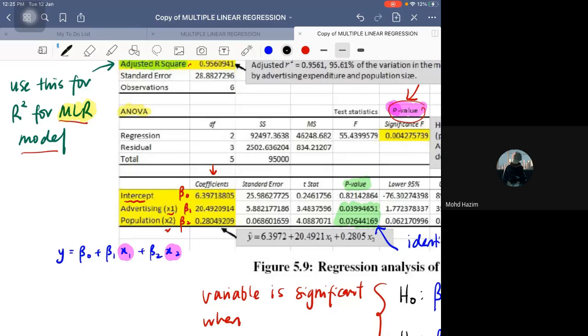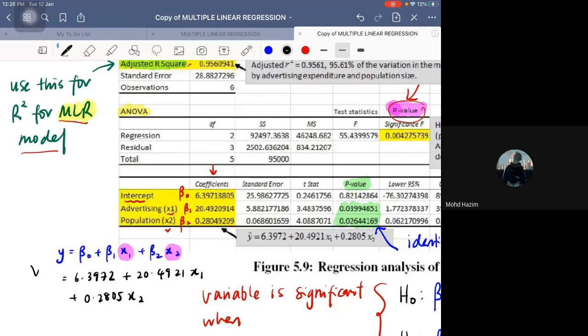Beta naught is going to equal 6.3972, for example taking only 4 decimal places. Plus beta 1, which is 0.4921, multiplied by x1, and beta 2 equals 0.2805 multiplied by x2. So this is going to be our model for this case. That's how you write down your model for multiple linear regression.